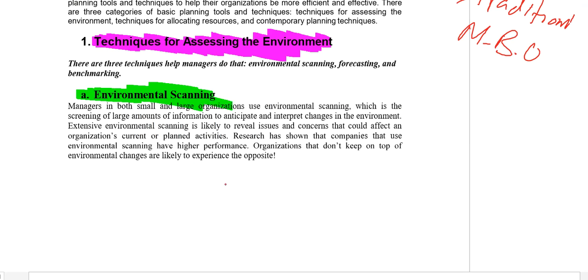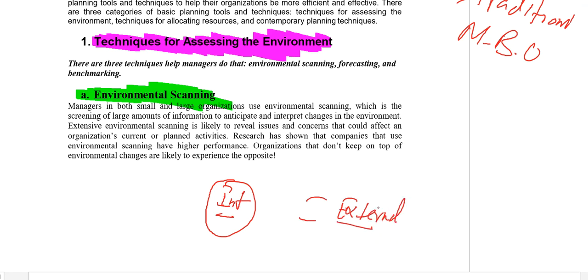Basically, students, an organization has an internal environment and some factors which are called external environment.